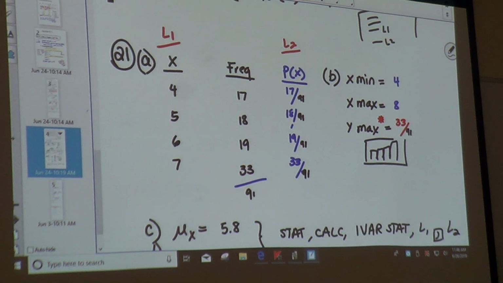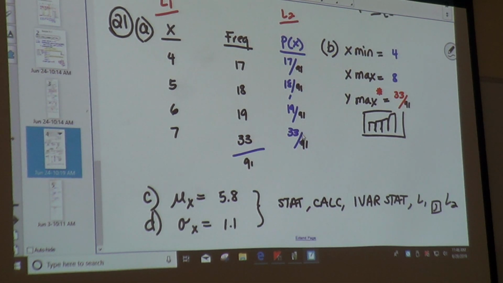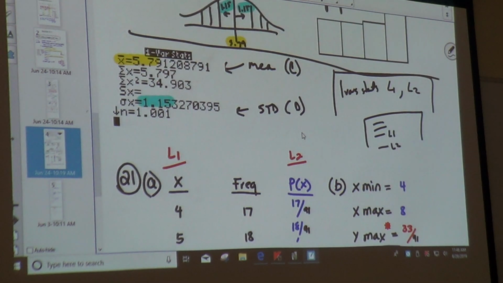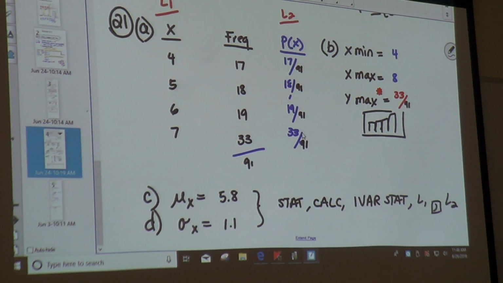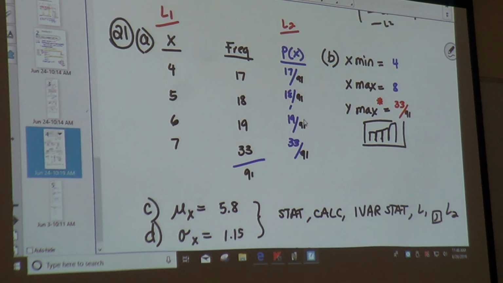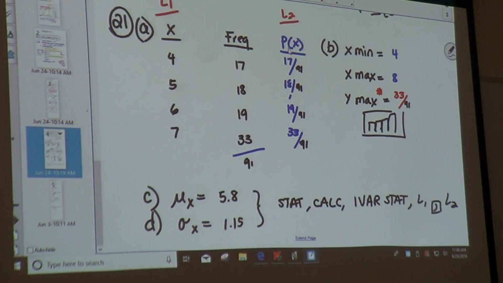My minimum's 4, my maximum's 8. And then we went, is it 5.8 and 1.15? I'm going to put 5.79 because that's what I used above.